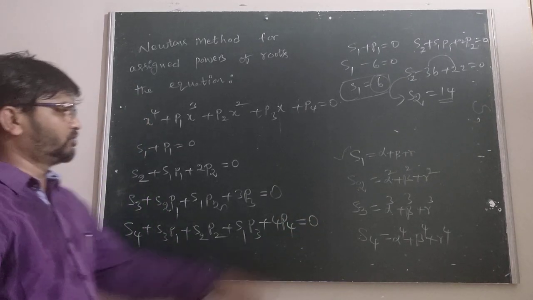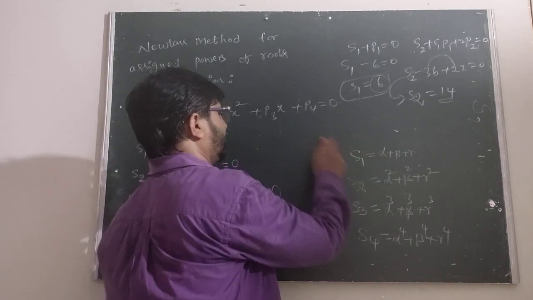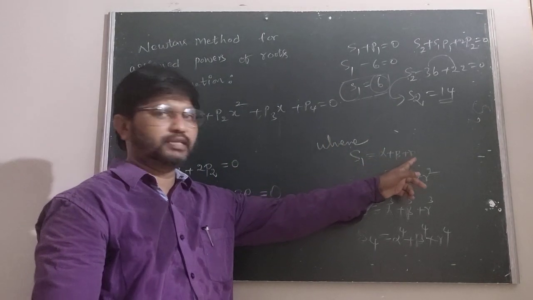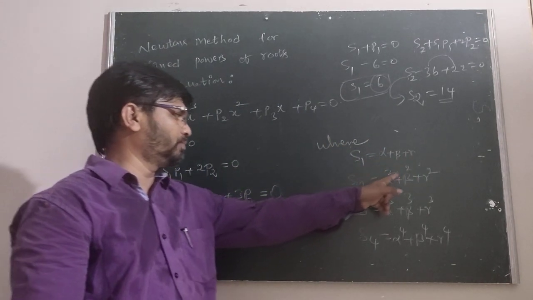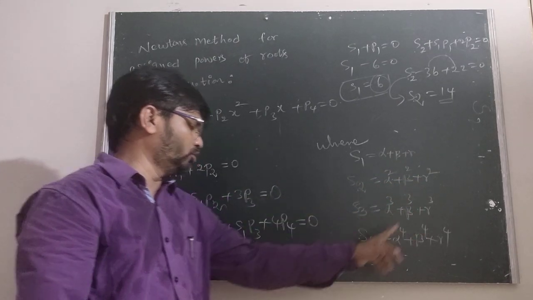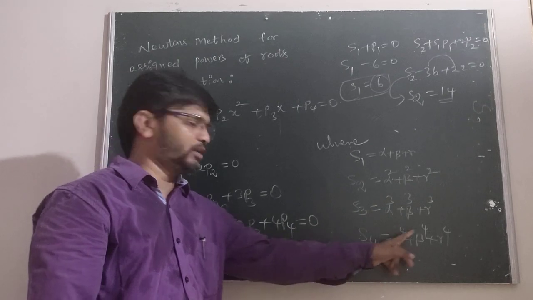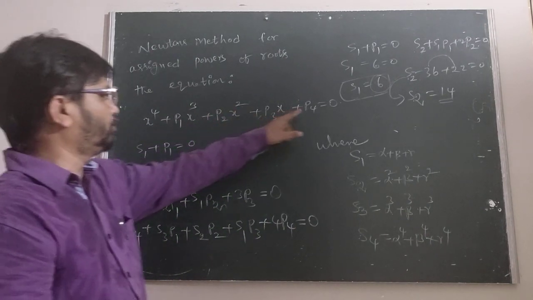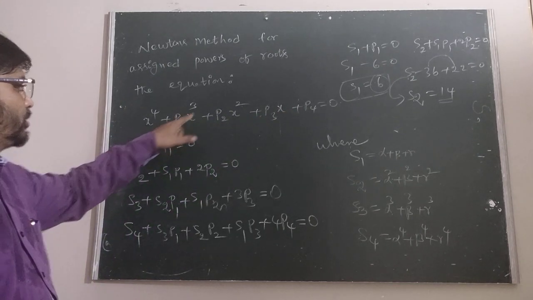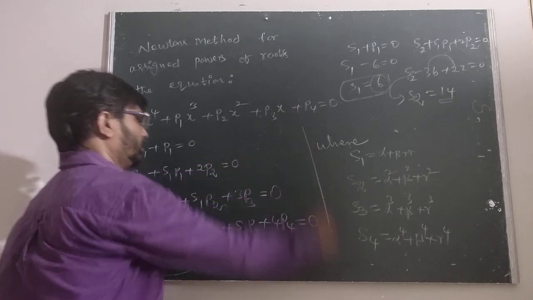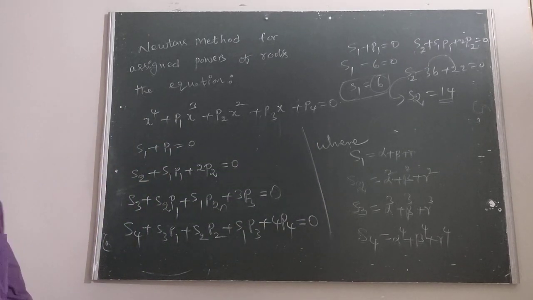Where S1 is alpha plus beta plus gamma, S2 is alpha square plus beta square plus gamma square, S3 is alpha cube plus beta cube plus gamma cube, S4 is alpha power 4 plus beta power 4 plus gamma power 4. And P1, P2, P3, P4 are the coefficients of x cube, x square, x and the constant. This is Newton's method for finding the powers of the roots.